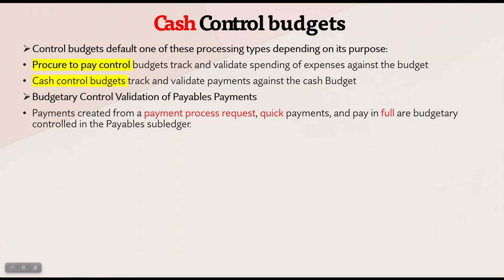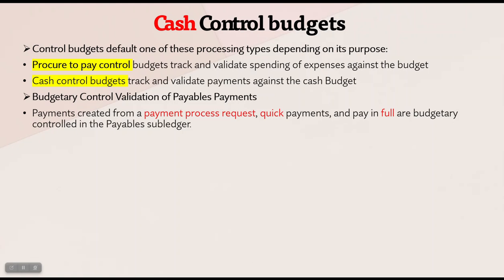If you're asking about the business case, for example, some organizations need to control the payment from the bank account. For this bank account, the maximum limit is, for example, 1 million per year, for this other bank account 2 million, and so on. So how to put control through cash control budget?